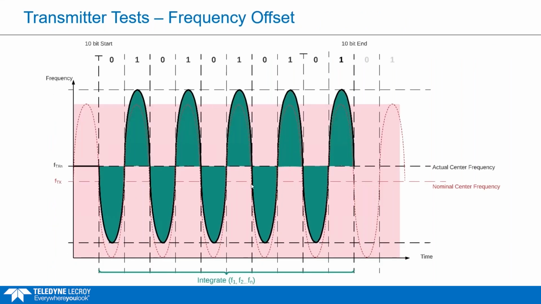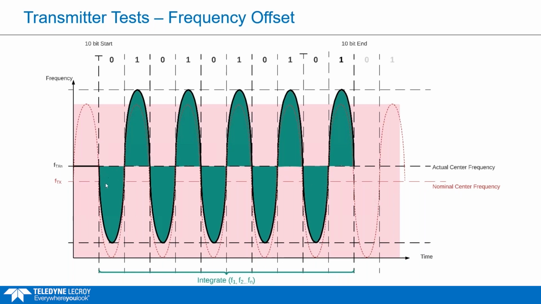So you can see here, this is the frequency offset. So within the red rectangle, that's where you can see this red dotted line. That would be a perfect signal, which would give us this nominal center frequency of FTX here. But in reality, you can see the black plot, which is the measurement that we've made, is shifted in frequency. So your actual center frequency is a little bit higher than our nominal center frequency.